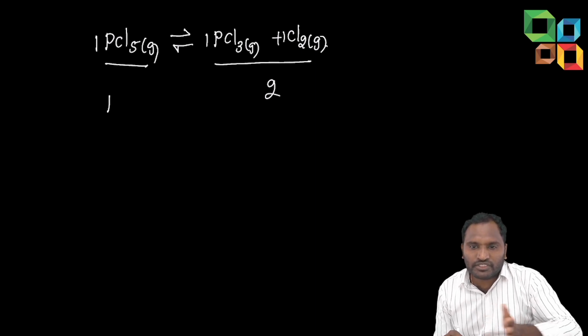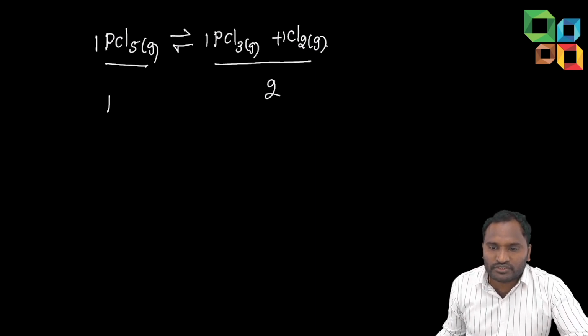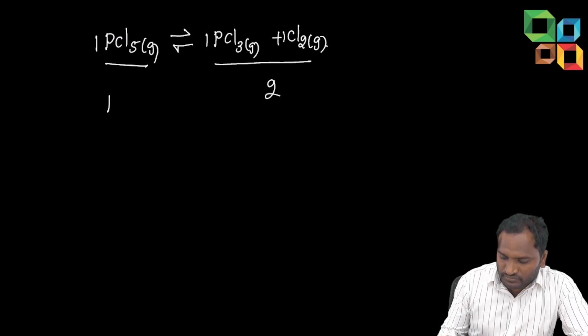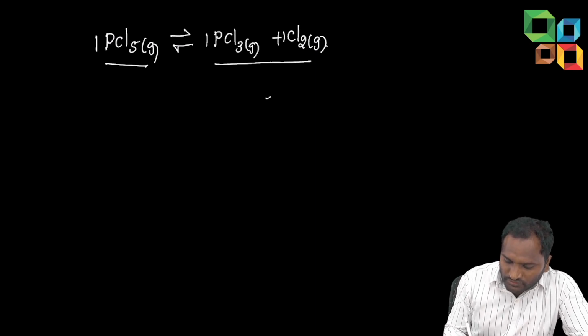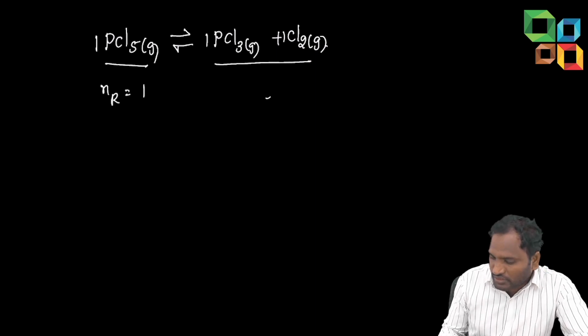Every time left side reactants you consider, right side products you consider. Number of moles of reactants is equal to 1. Number of moles of products is equal to 2.